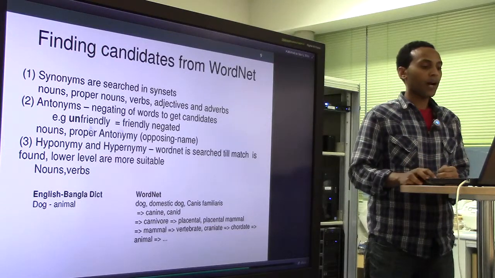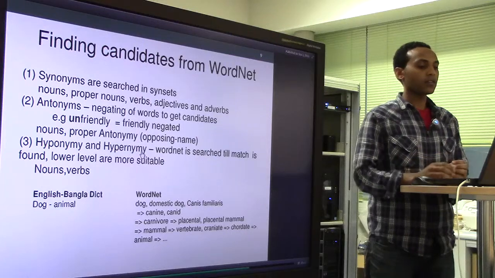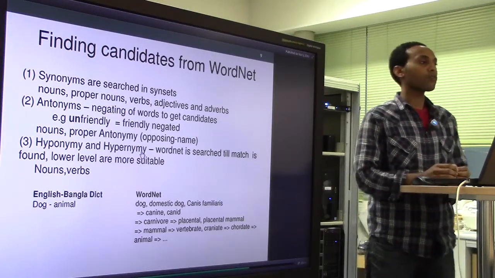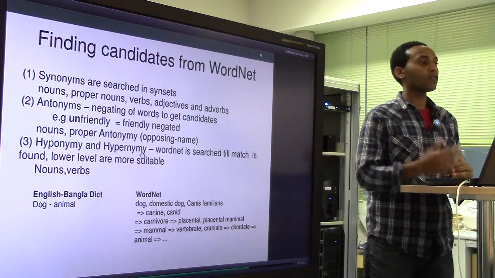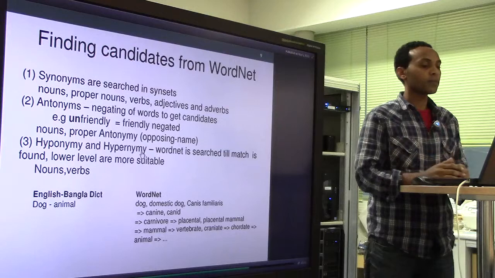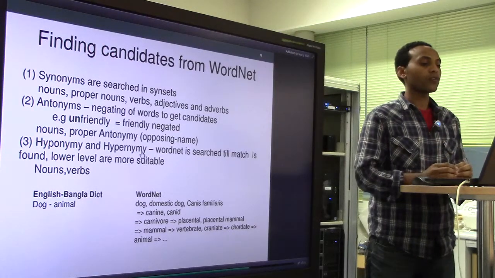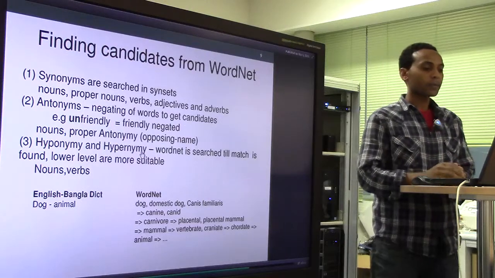So for hypernymy relationships, their search algorithm tries to find the matching from the lowest level. If it is not found, it goes on into the higher categories. But if the match is found in the lower categories, it's considered as the most suitable translation.